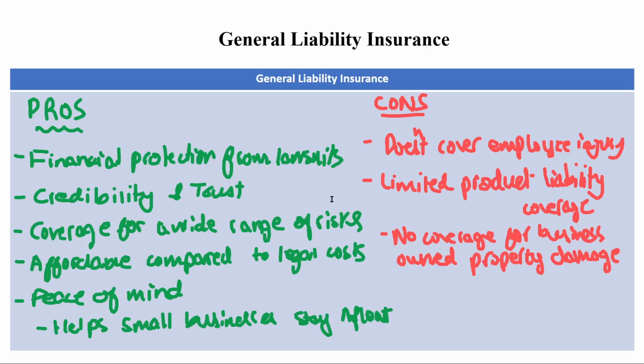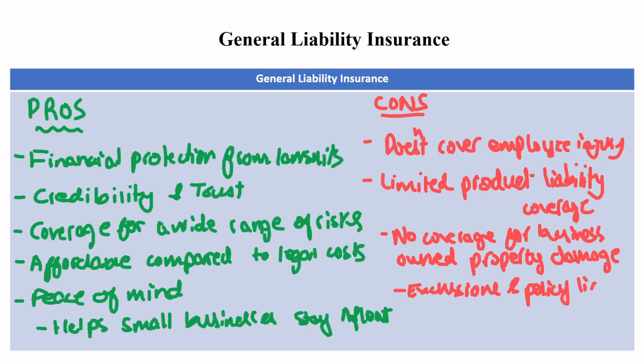Then we have exclusions and policy limits can leave gaps. General liability insurance comes with exclusions and policy limits, meaning it will not cover all types of claims.